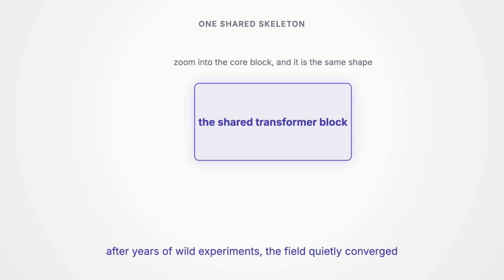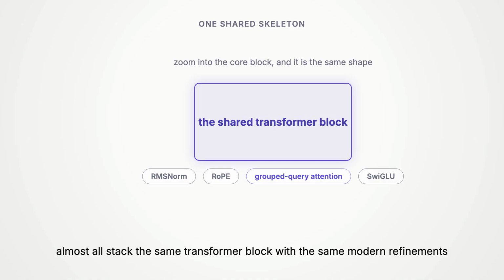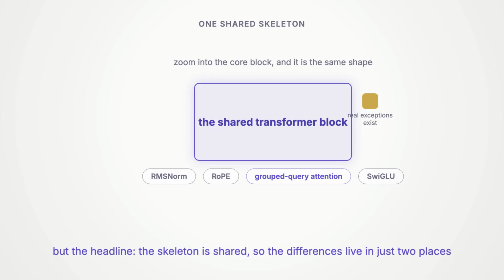Almost all of them stack the same kind of layer, the transformer block you already know from Season 1, with the same modern refinements bolted on: a particular way of normalizing the signal, a particular way of encoding position, the grouped query attention we are about to meet, and a particular shape of the little neural network in the middle. There are real exceptions, a few models that do their own thing in one corner or another, and that is healthy. But the headline is, the skeleton is shared.